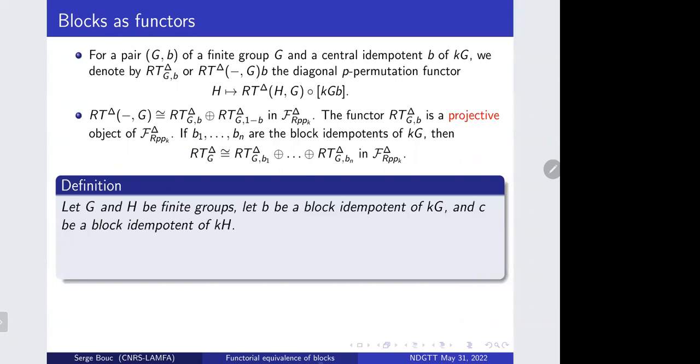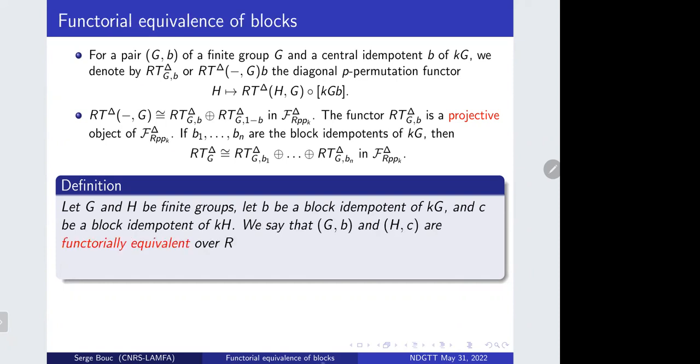We say that when we have two pairs (G,B) and (H,C) of a finite group and a block idempotent of its group algebra, we say that the pairs (G,B) and (H,C) are functorially equivalent over R if the corresponding functors are isomorphic in the category of functors.